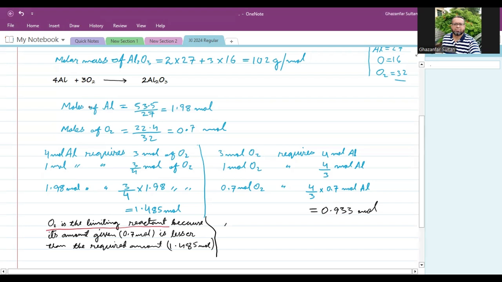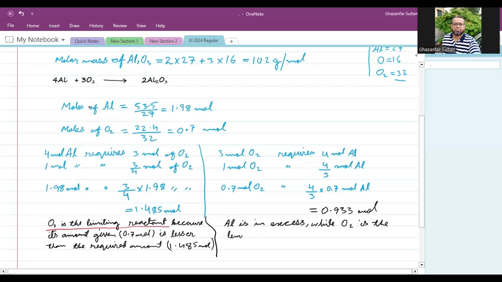So aluminum is in excess while oxygen is the limiting reactant.